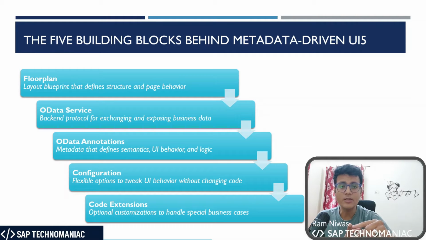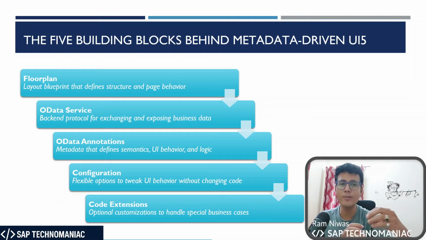These OData annotations help the application decide how your data will be displayed in the front end, how your amount will be displayed. If you want to display it in the form of charts, how it will be displayed, all things will be decided using those annotations. Fourth part is the configuration. This is the most important thing again.